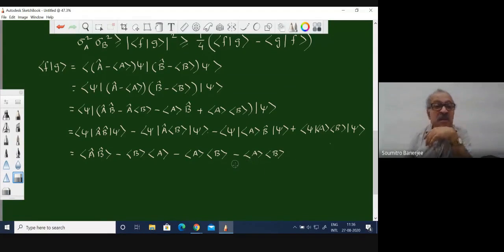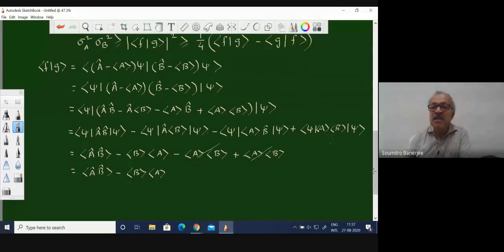This is plus, sorry. Here this is plus. Then this cancels with this, and what remains is a hat b hat minus the expectation value of b, the expectation value of a. These two are numbers, so it doesn't matter in which order we write it. Okay, so we have found fg.